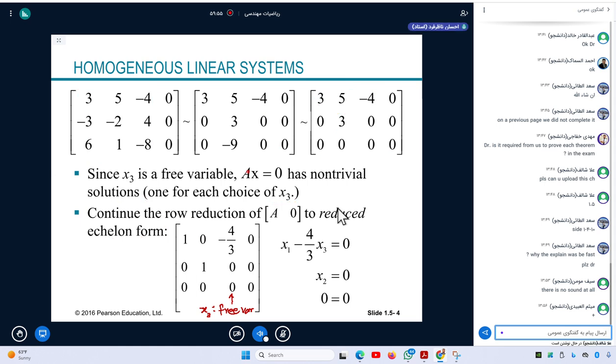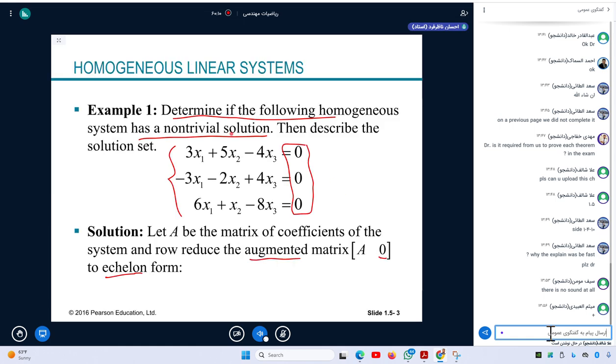Okay, so I removed everything. Okay, so let's do that again. Okay, so let's go back again.